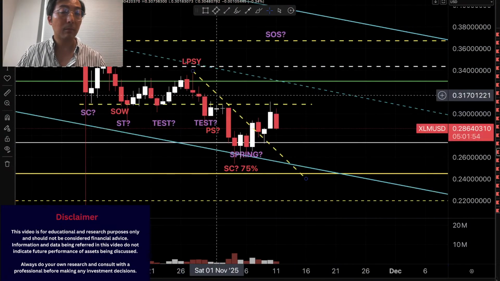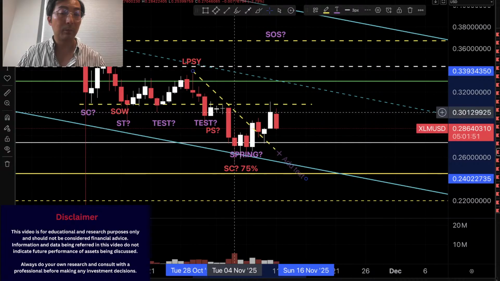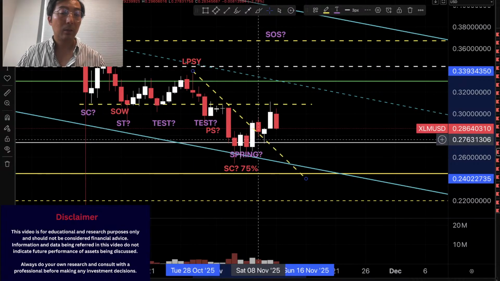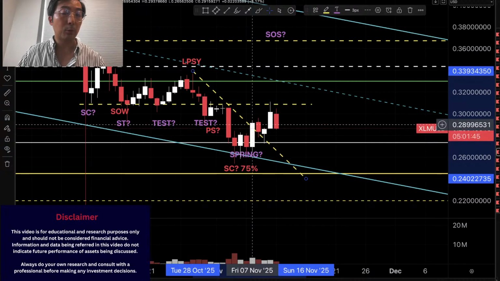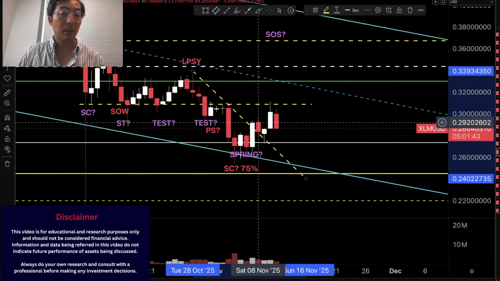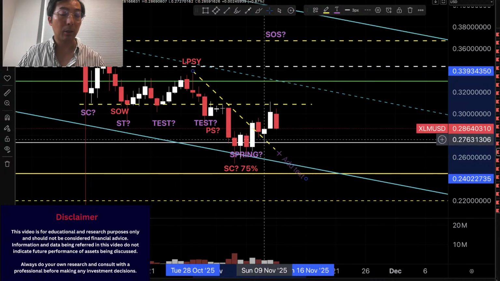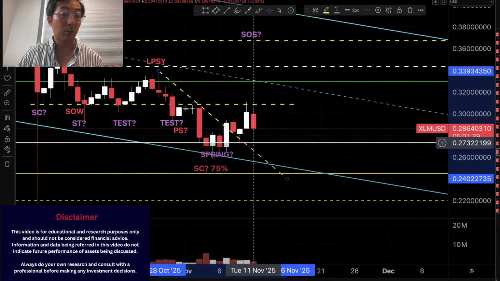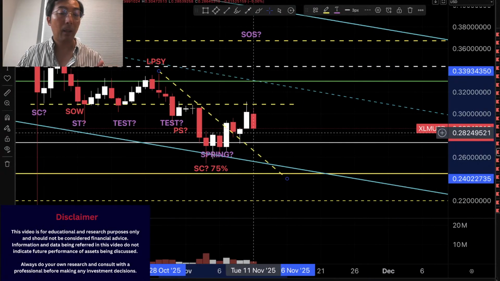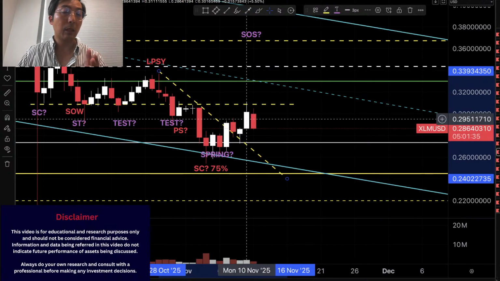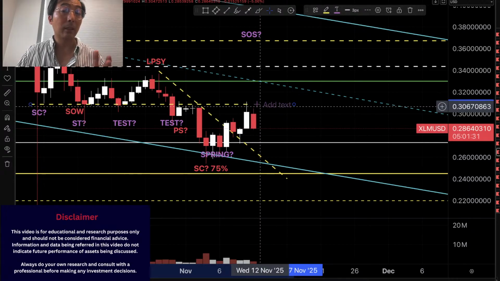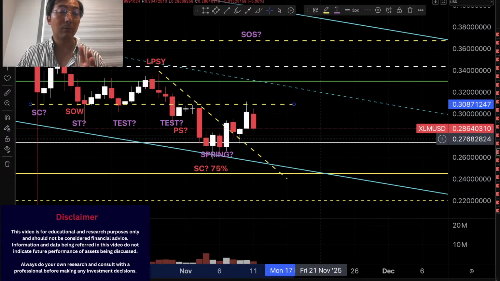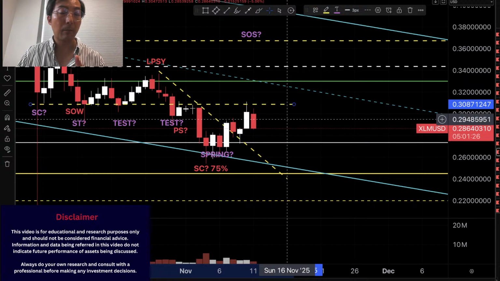And this resistance line that I've drawn in the previous session, what happened on Friday? It basically broke above this resistance. The subsequent 2 days found support above this line because it has turned to become a support line. And now, yesterday and today, both were challenging this resistance line that I just drew when we got into this daily chart.